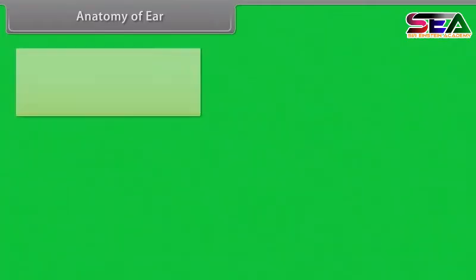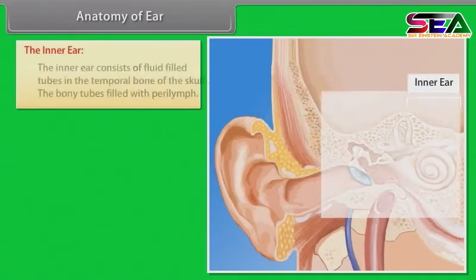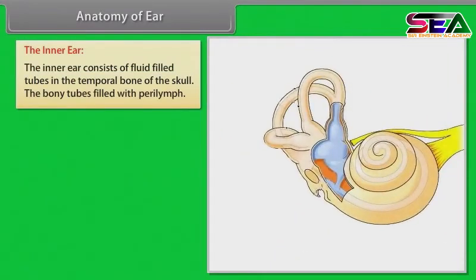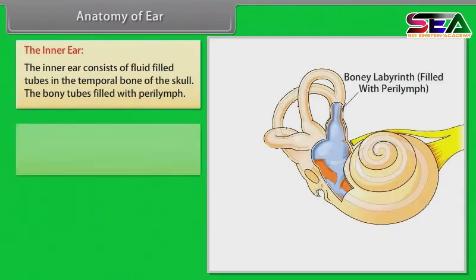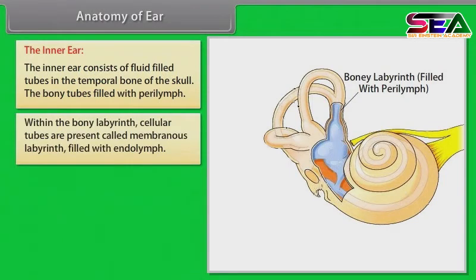Anatomy of the ear. The inner ear. The inner ear consists of fluid-filled tubes in the temporal bone of the skull. The bony tubes filled with perilymph, within the bony labyrinth, contain cellular tubes called the membranous labyrinth, filled with endolymph.